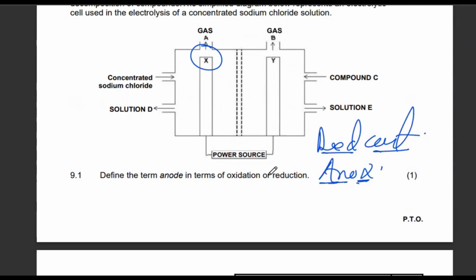It contains chloride ions that will be oxidized at the electrode, which is X. Since it is concentrated, too much chloride will be there, so it will outcompete others, and that will be the direction.